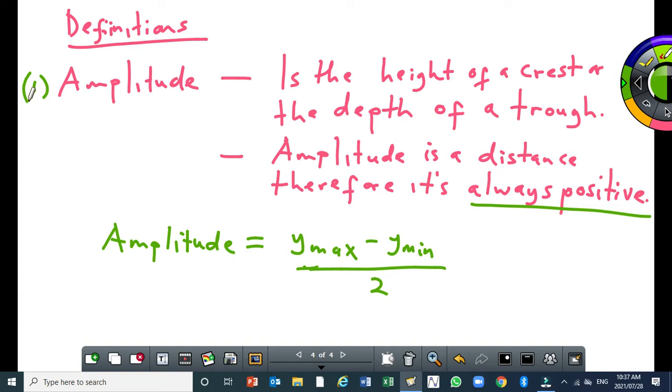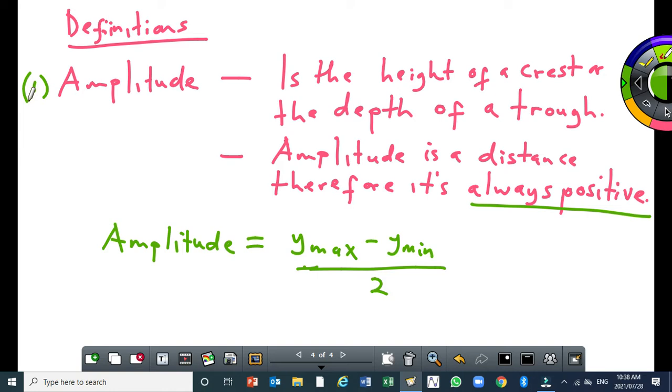In actual fact, there are maybe 4 ways of finding the amplitude. If you know the equation of the graph, you can determine the amplitude by the positive coefficient of sine x. Or if the graph is drawn, you can determine the height of the crest or the depth of a trough.